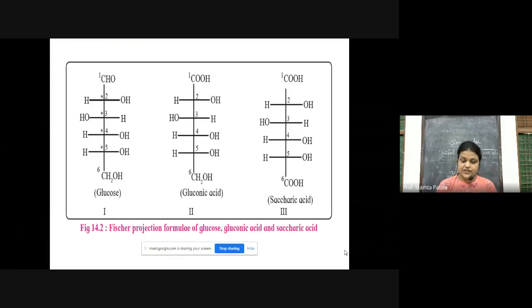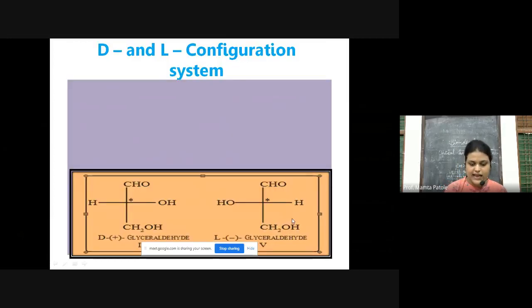The second structure is of gluconic acid. At the first position, you will have COOH over here. And the third is of saccharic acid. At the first and sixth positions, you have an acidic group present. So this is glucose, gluconic acid and saccharic acid, and this is the Fischer projection formula for them.